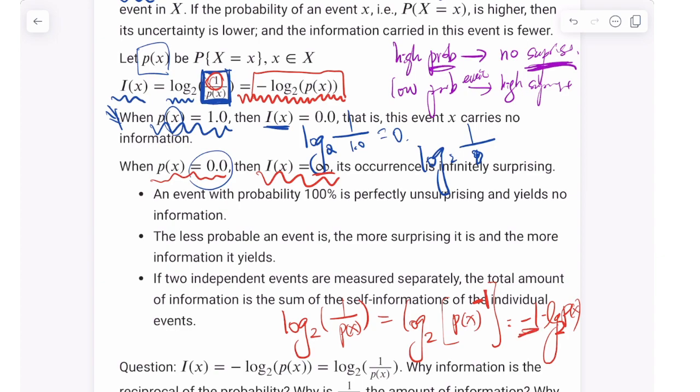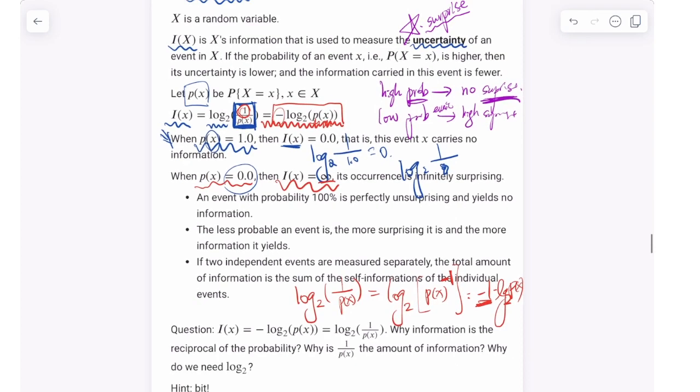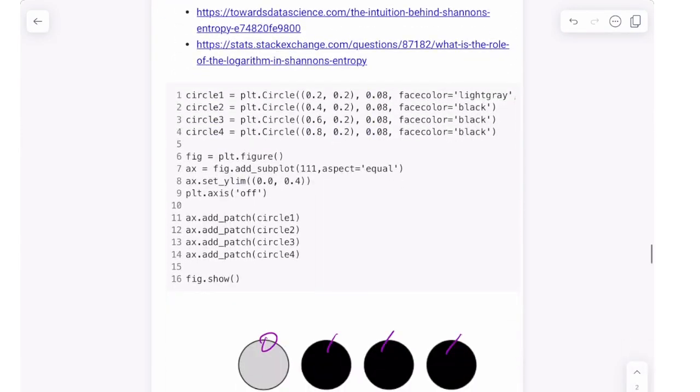So sometimes you see a minus right here and we simply write the px in the log, but it is the same.